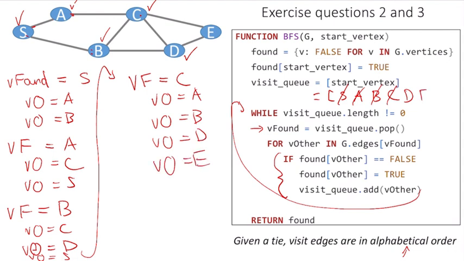But E, we do need to add to the queue. And then finally we pop off D. We could keep typing this out, but as you'll see, we've already found everything. So at this point, we could just say the order in which these vertices are visited are S first, A, B, C, D, and then E.